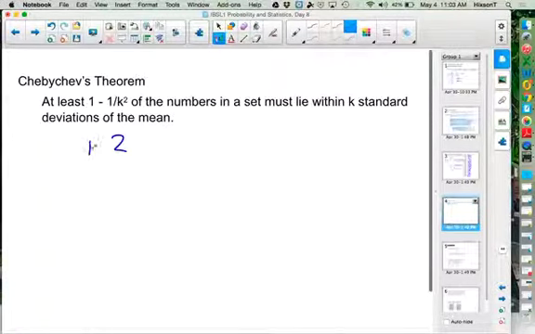So let's let k equal 2. All right. So we have 1 minus 1 over 2 squared. Which, what does that equal? 1 over 2 squared is 1/4. Okay, 1 minus 1/4 would be 3/4. So 3/4 of the numbers, at least, will lie within 2 standard deviations of the mean.